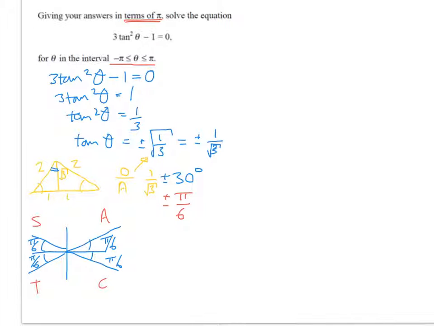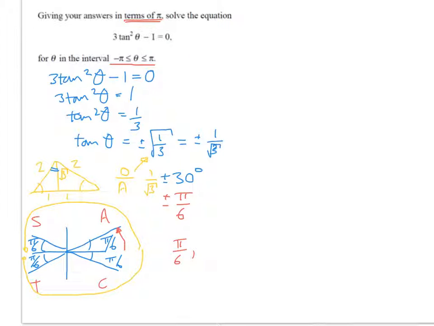Next thing, we need to look at potential options. We know it's between pi, which means it goes this way round to pi, and minus pi, which means it starts here and goes this way round. Let's look at each one in turn. So first one, if we start here and go this way, our first solution is positive pi over 6.